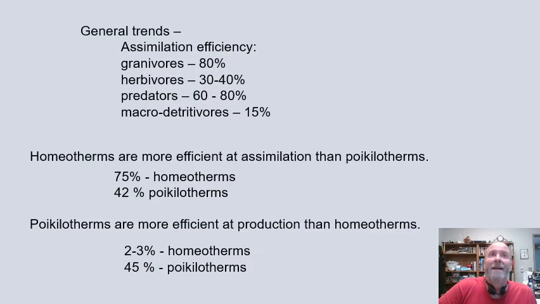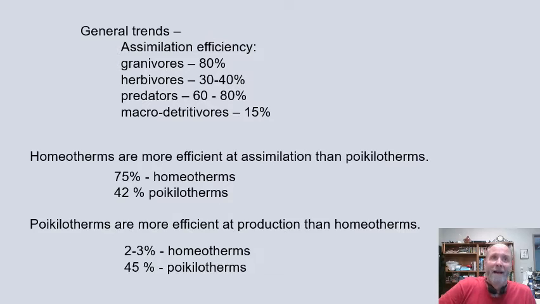Okay, if you're a predator eating another organism, that biomass in the form of another animal tends to be pretty easy to digest. Muscle is not that difficult to digest in comparison to plant material. Plant material is not easy to digest. Remember, we cannot process cellulose.